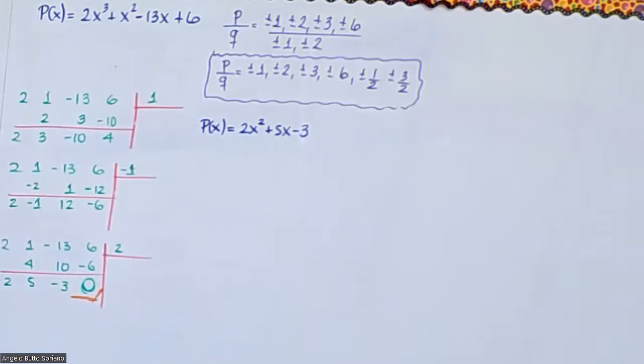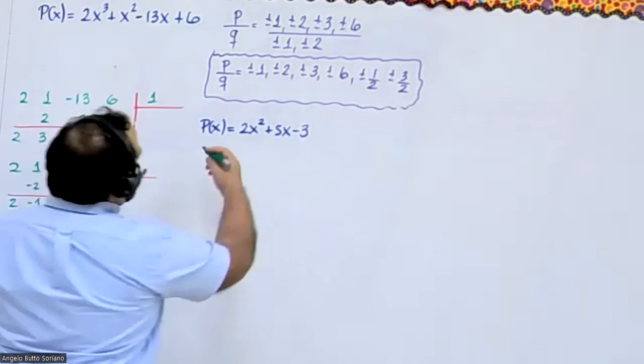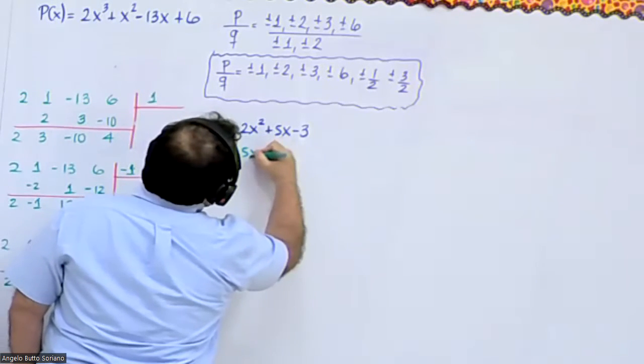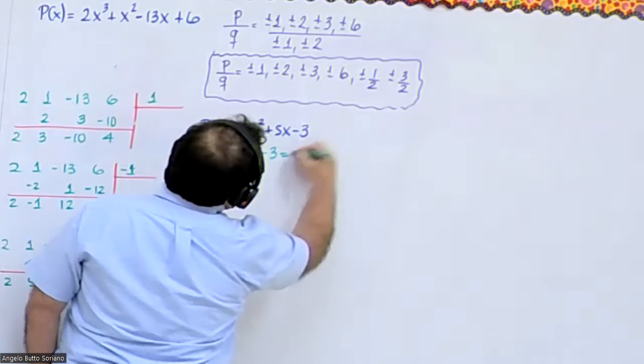If you wish, you can repeat the p factors and q factors, but my recommendation is that when we have a quadratic equation, instead of applying this tedious process, you can solve it by the trial and error technique, factoring the quadratic equation. Why complicate things? Let's do it the easier way. 2x squared plus 5x minus 3 equals 0.